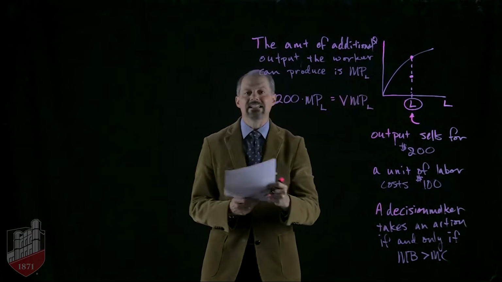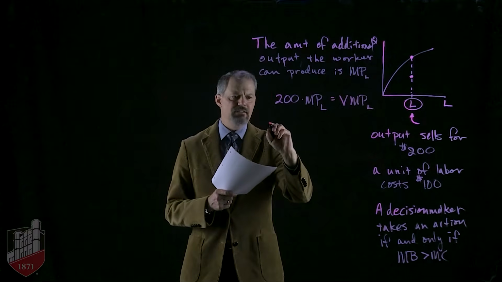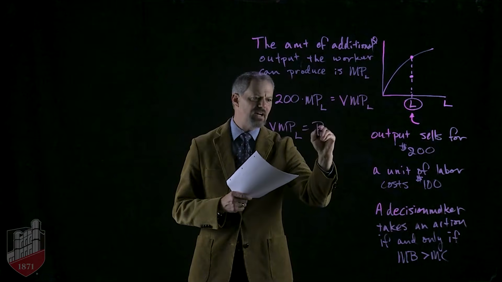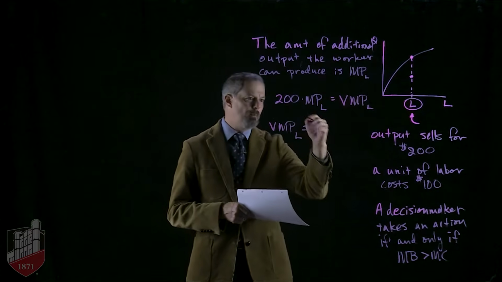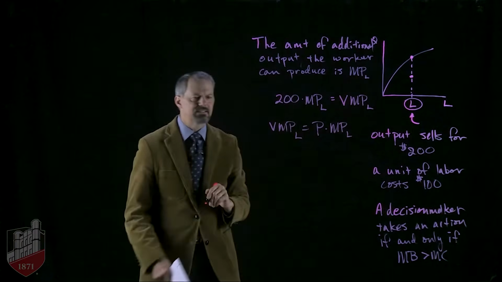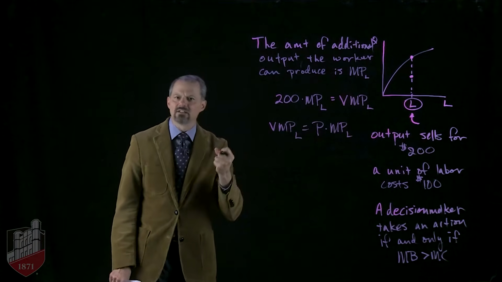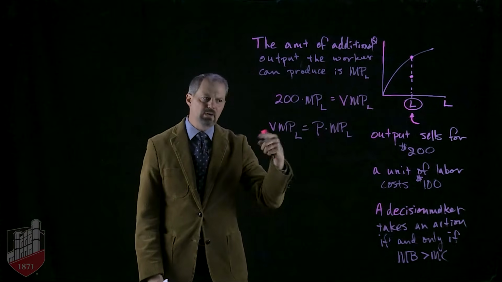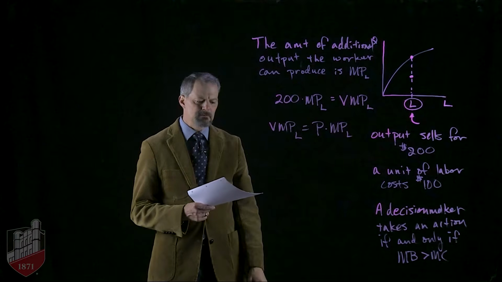So let's write it more generally. The value marginal product of labor is equal to the price of output, which I'm going to call P, multiplied by the marginal product of labor. It's simply the dollar value of the change in output that we get when we hire one more unit of labor.